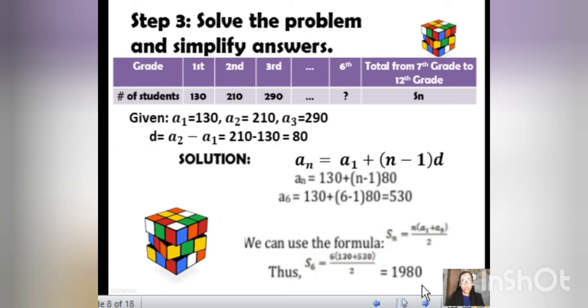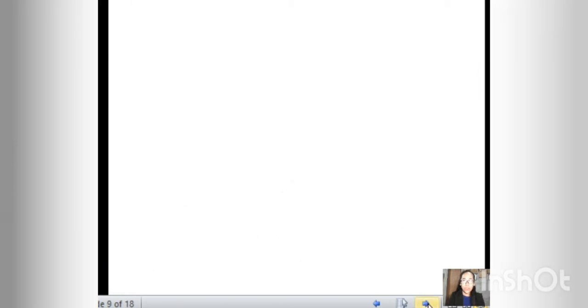So 1,980 is the total number of students from grade 7 to grade 12. Next example.